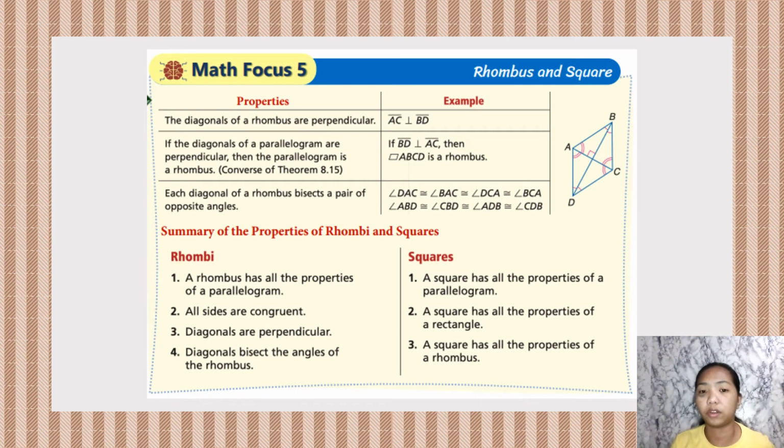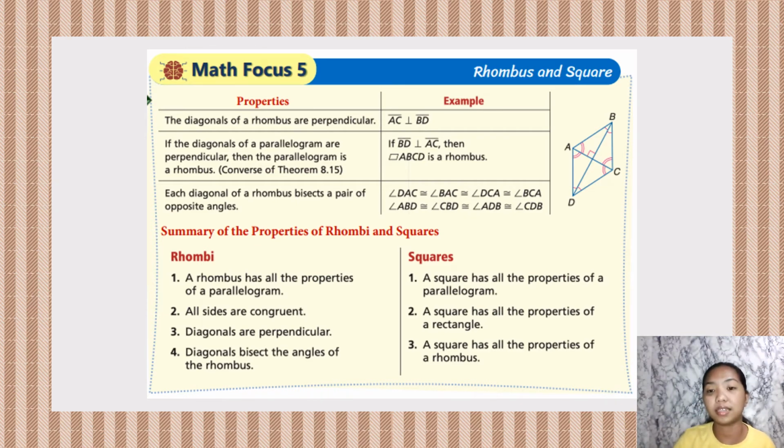The properties of a rhombus: the diagonals of a rhombus are perpendicular, so they form a 90-degree angle. And if the diagonals of a parallelogram are perpendicular, then the parallelogram is a rhombus, so it's just the converse of our first property. Each diagonal of a rhombus bisects a pair of opposite angles.